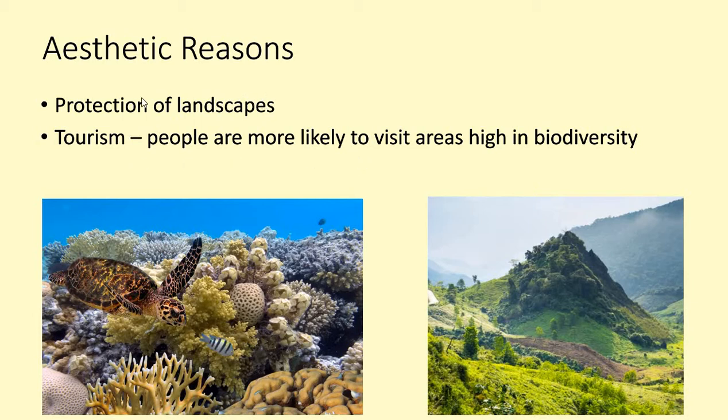If that is the case, then tourism is a particular reason to do that, because people are more likely to visit areas which are rich in biodiversity and look nicer rather than areas that have been devastated. But obviously there is a balance to be had.